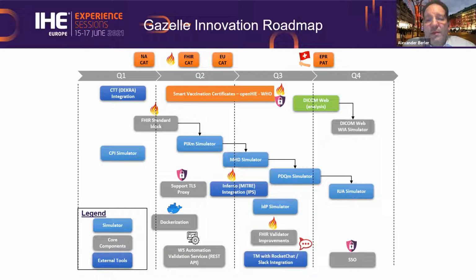This is the way that we can increase the footprint of Gazelle so that it can be reused in many places. This is just a short description of the work we are doing this year in Gazelle. That's a multiple FHIR implementation program that is running in parallel to all the other efforts and projects that we support during the year.